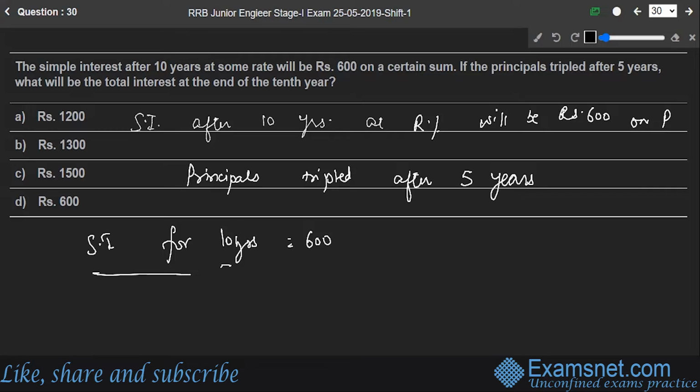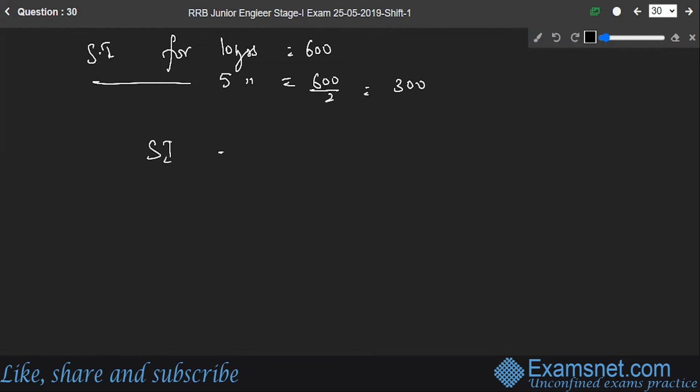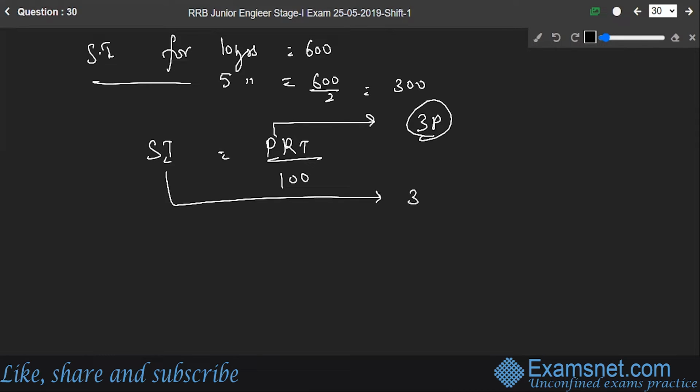So what will be simple interest for 5 years? It will be half of it. That means it will be 300. So as you know, the sum is tripled. If the sum is tripled, see, what is the formula for simple interest? It's P R T upon 100. If this P is tripled, then of course this simple interest will also be tripled in that case.